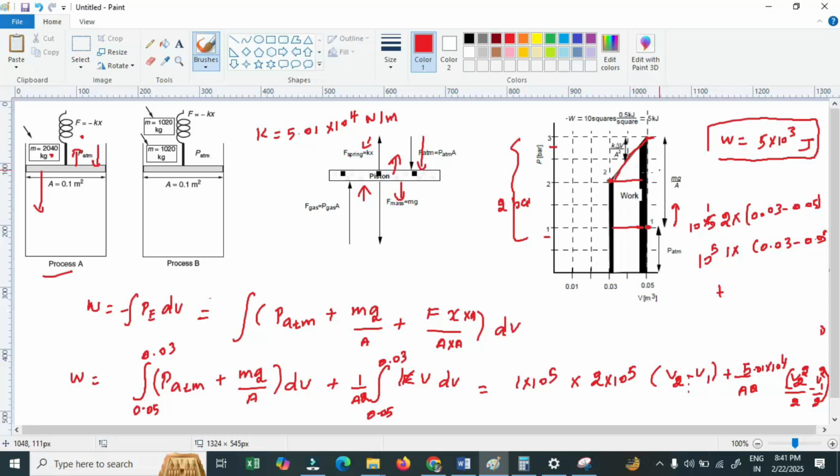Nothing but the area of the triangle will be of AB. That is 1 by 2. The base is again 0.03 minus 0.05 base. Whatever height is, this height is 2 to 3, 1.